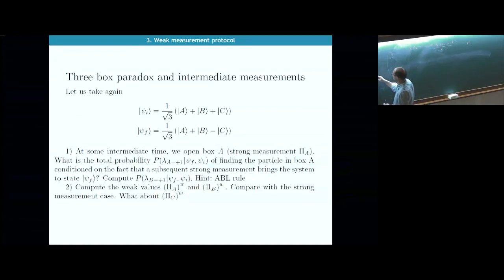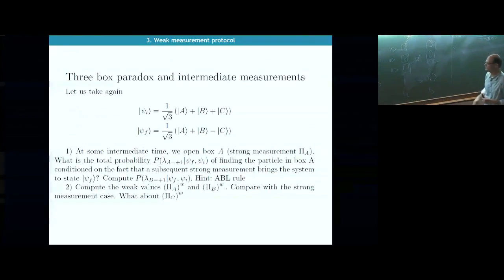Now, if you could couple a quantum pointer to the complement of A, which is B plus C, then if you do the computation, you would see that the result is 0.